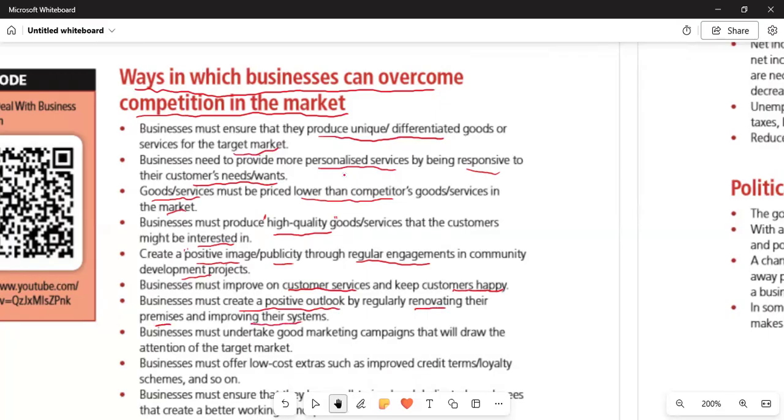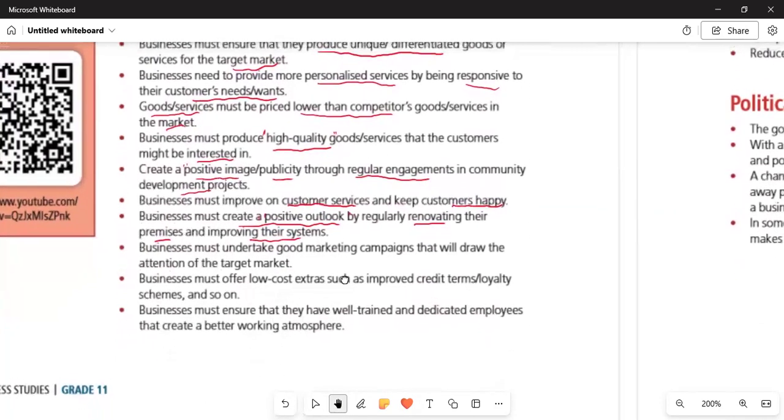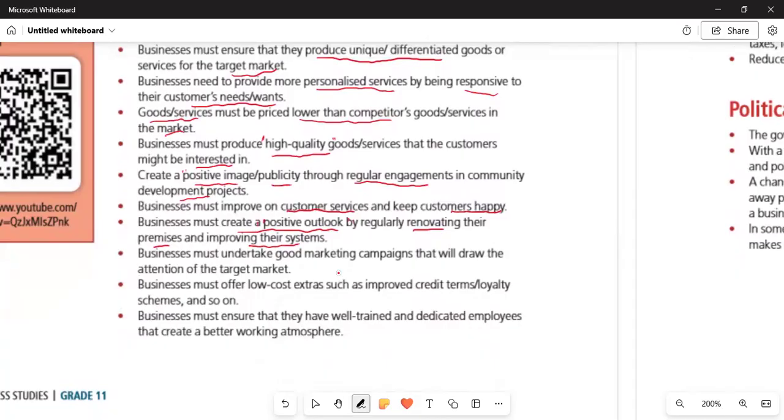Always renovate your premises so that they look very attractive, and that will make your target market always come to your business. That's how you can keep them.